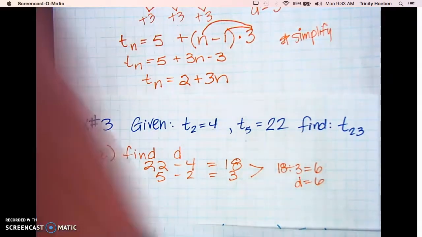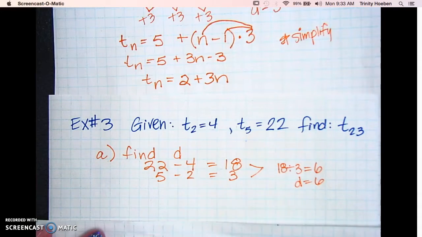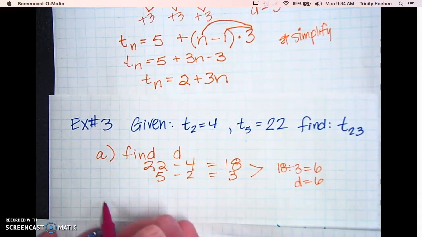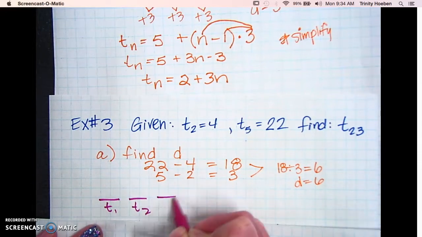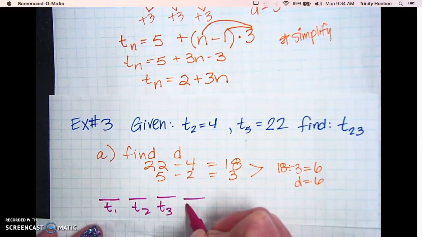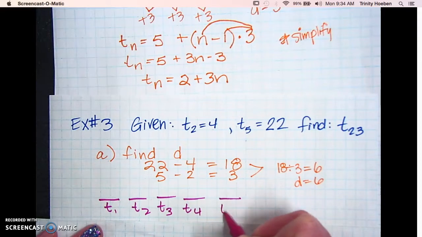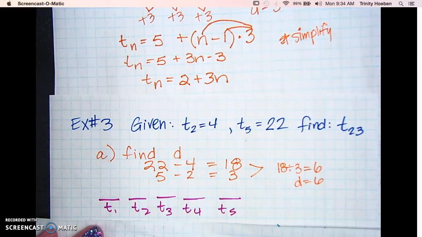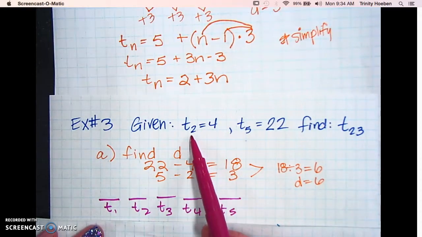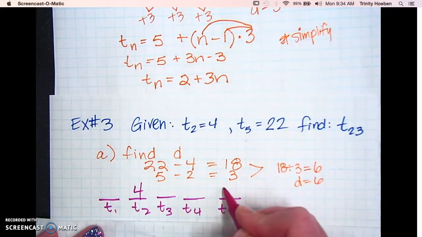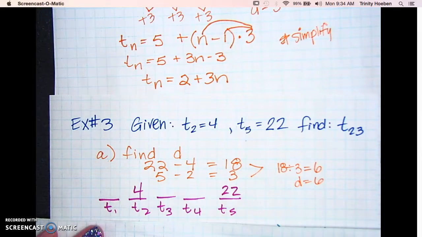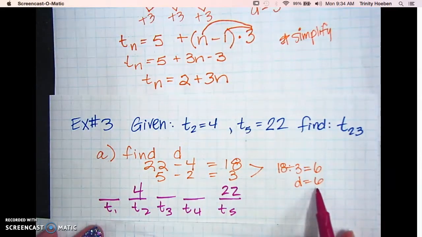So if you're struggling with that or you don't understand what just happened, let's say you had term 1, term 2, term 3, term 4, term 5, and they gave us term 2 was 4, term 5 was 22, and we now know that the difference is 6. So each time we can add 6.